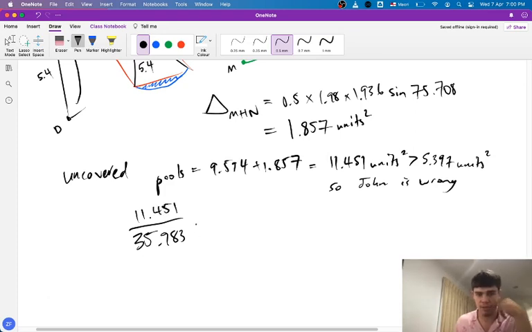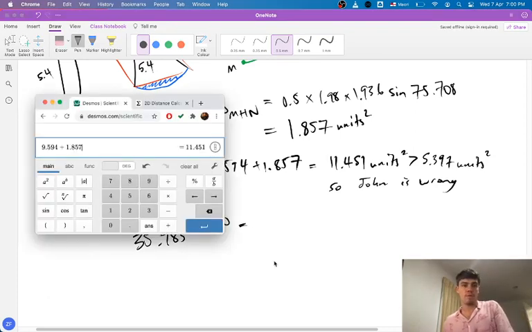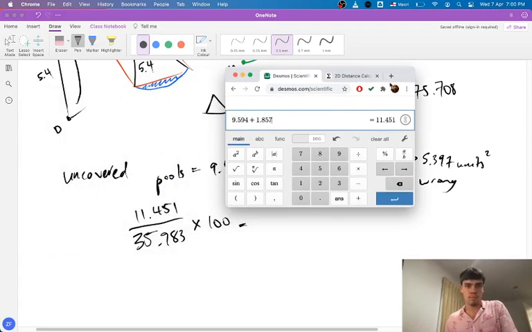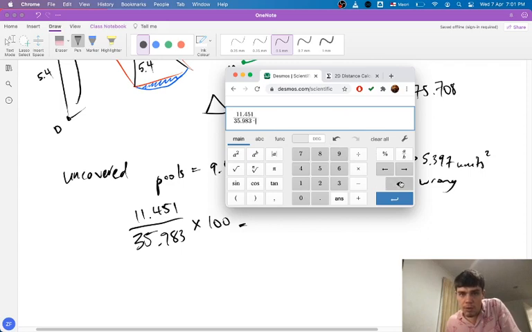So what we do is we just divide that and then times by 100, and that should give us a percentage. 11.451 divided by 35.983, we'll times it by 100, get ourselves a percentage. Okay, no, I didn't do my maths properly, sorry guys. So it's actually 31.823%.